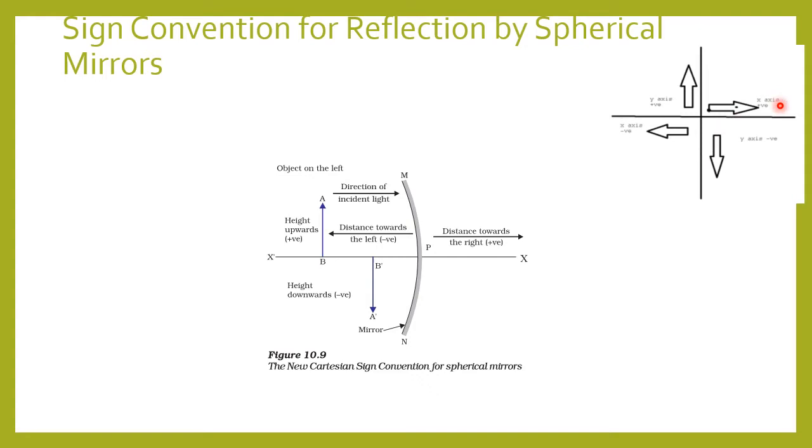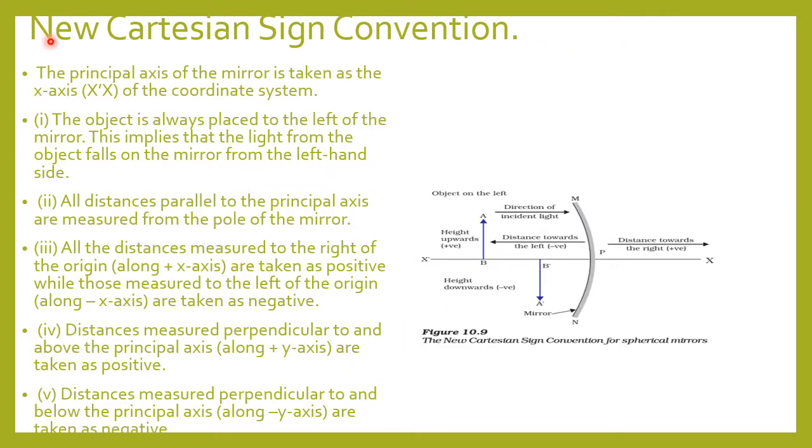Anything on the right of the origin on the x-axis is positive, anything on the left is negative, anything downwards on the y-axis is negative, anything upward on the y-axis is positive. Just consider this Cartesian sign in that manner. You can see very clearly everything in the picture. Alright, so let's see what these rules are.